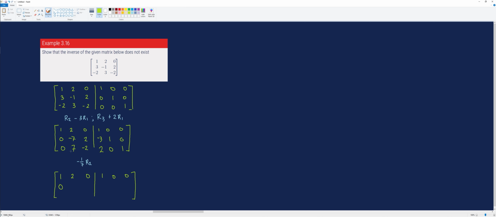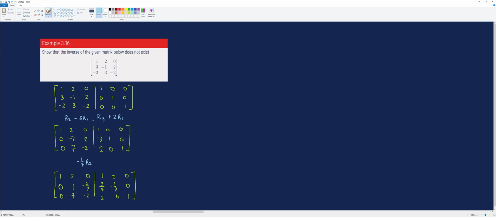Here, this is 0. Negative 7 times negative 1 over 7 is 1. This is negative 2 over 7. This is positive 3 over 7. This is negative 1 over 7. And still, this is 0. And here, this is 0, 7, negative 2, 2, 0, 1.